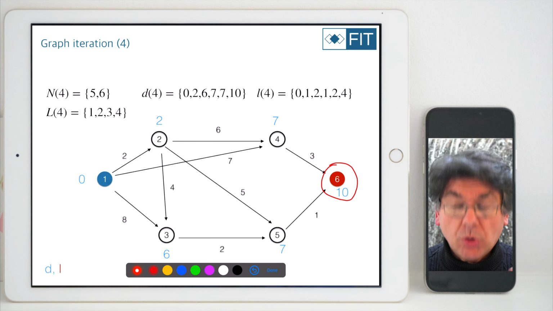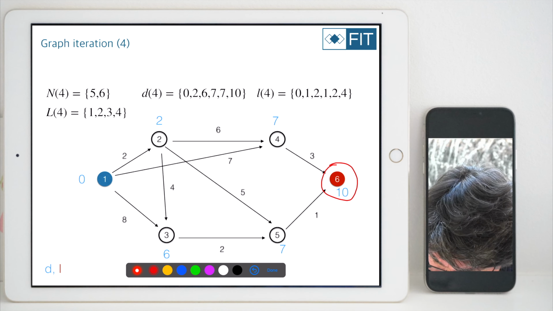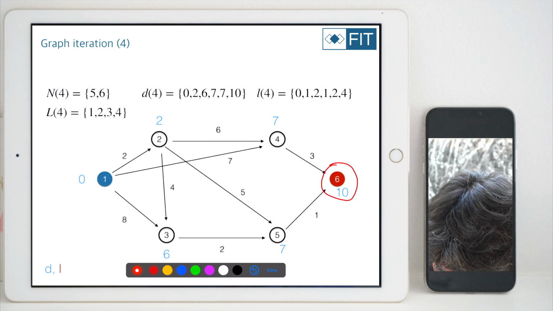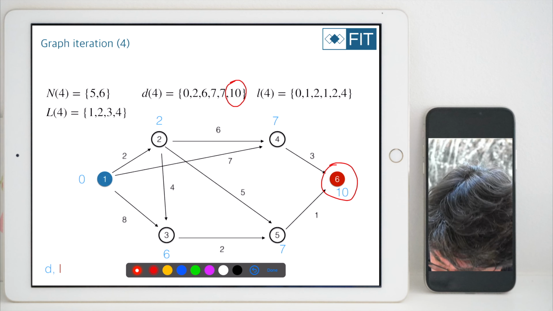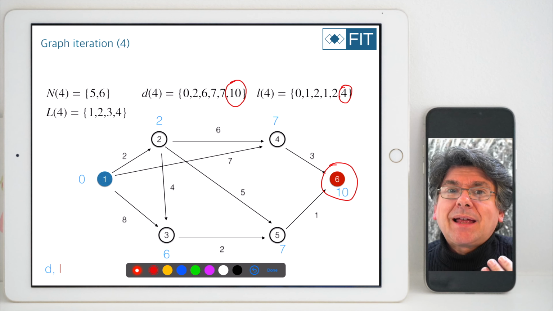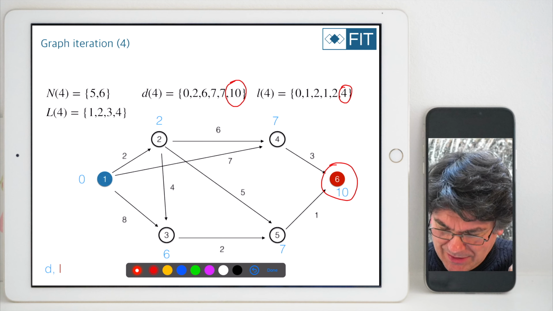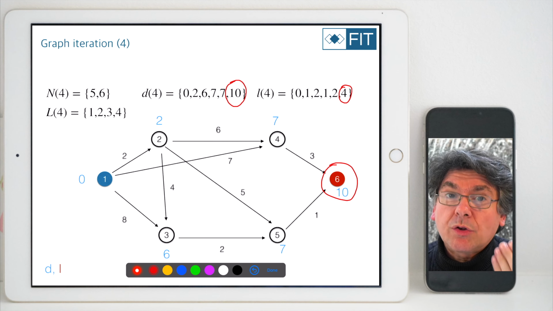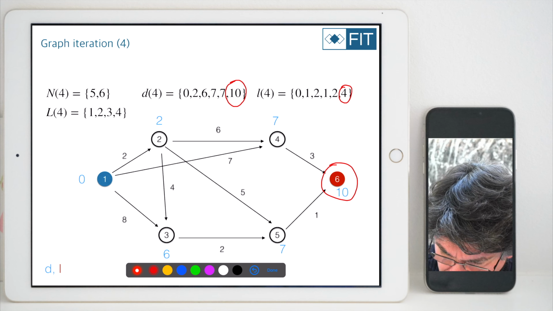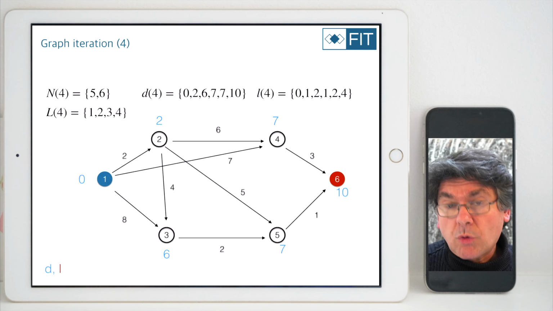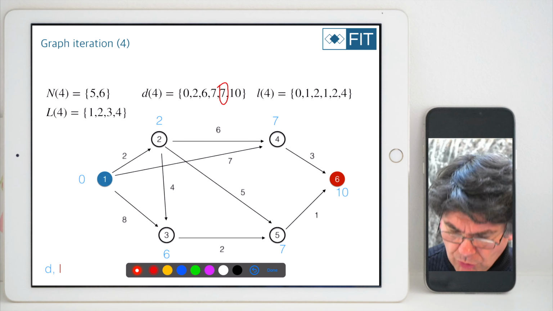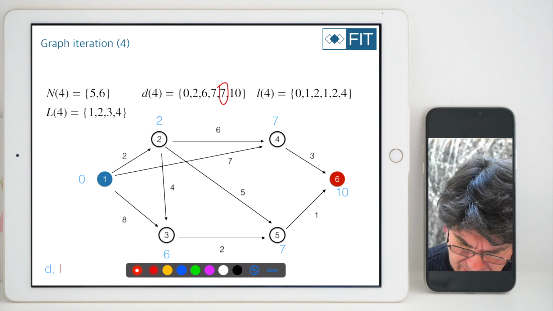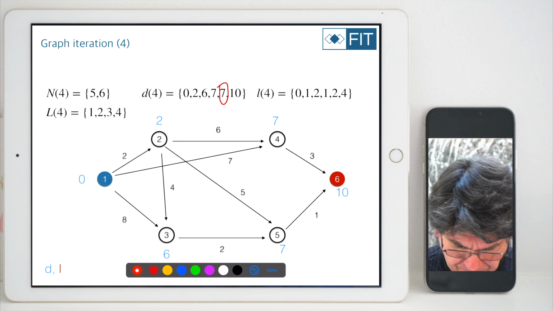Therefore, we are able to bring node 6 into our analysis, finding its temporary optimal shortest distance and the previous node we went through to get to node 6 as reflected in our memory list. We now perform our comparison analysis and we see that the next node we can grow with is node 5, represented by this distance 7.